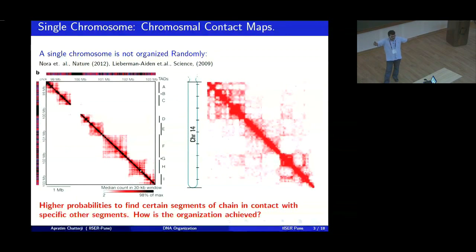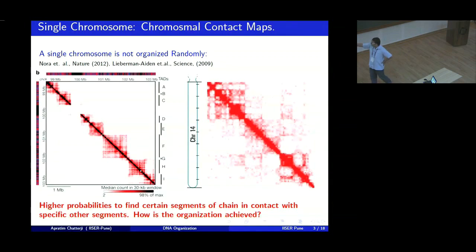You take the entire polymer, break it up into segments, and by some biochemical methods, this is segment index, this is also segment index, this is 1 megabase pairs, and so you are looking at a scale smaller than 1 megabase pair. These red spots mean that certain segments have a much higher probability of being found closer to certain other segments. So one clearly sees that it's not random; there's a certain structure to be found, and certain segments are preferentially found with much higher probability compared to other segments.